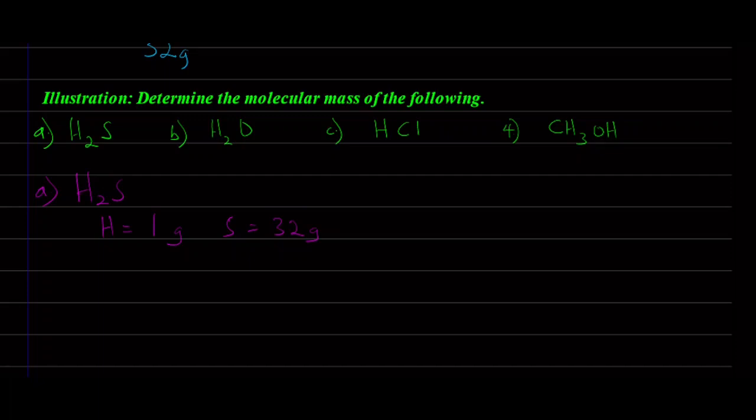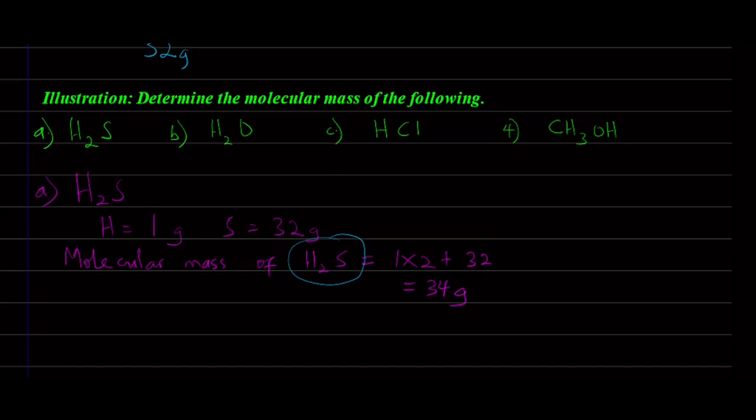So the molecular mass of H2S is given as hydrogen, 1 times 2, plus sulfur, 32, and that will give us 34 gram. So the molecular mass of H2S is equal to 34 gram.